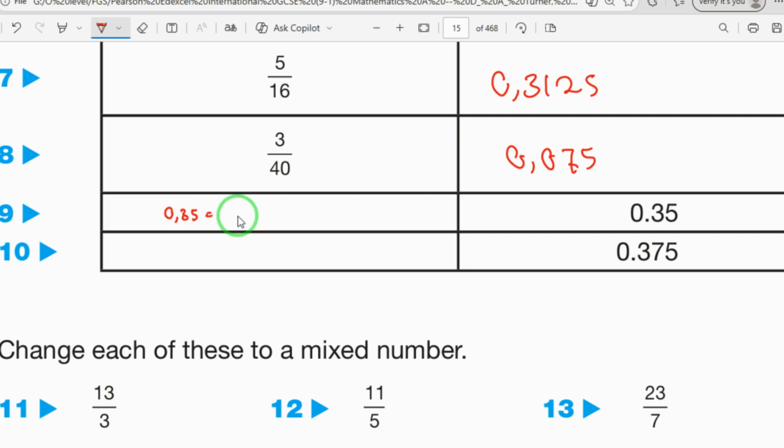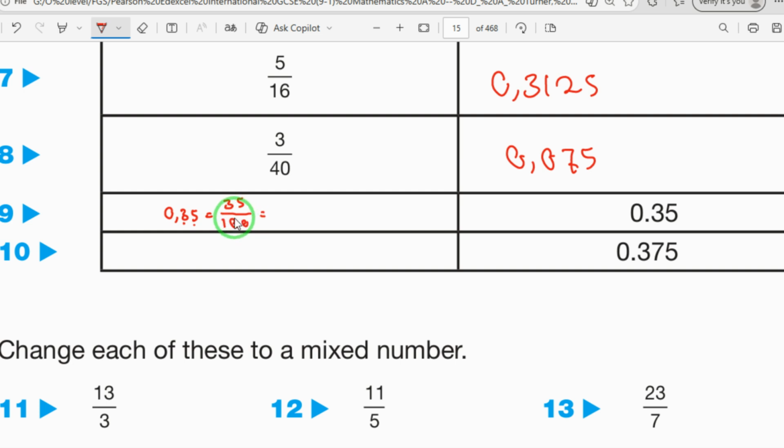To convert to a fraction, we first draw a fraction line and we write 35 in the numerator. In the denominator, we assume 1 for the decimal point, and we add 2 zeros because we have two decimal places. We add 2 zeros to the right side of this 1. It becomes 35 over 100, but it's possible to simplify.